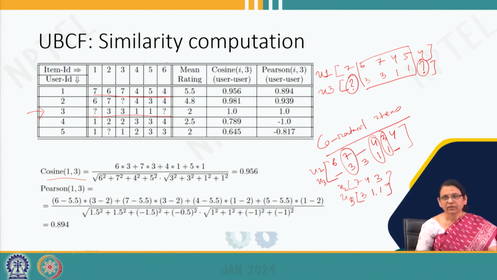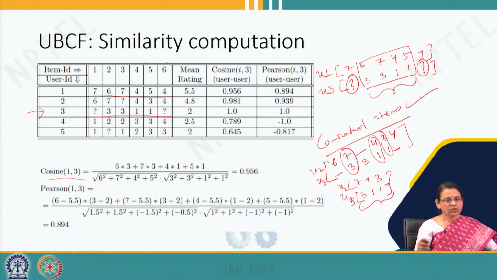Whereas here both of them are represented by a 4-dimensional vector, and here they are represented by a 2-dimensional vector. For convenience, we have to consider only co-rated items. This is how all the similarity values with respect to user 3 are created.